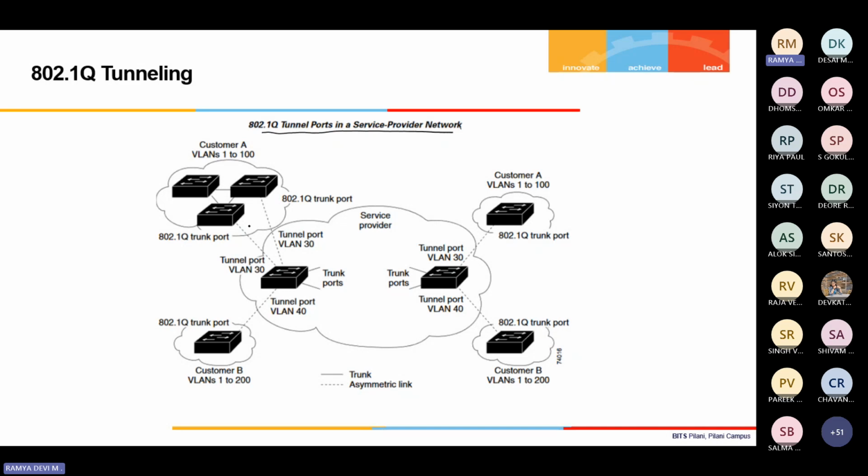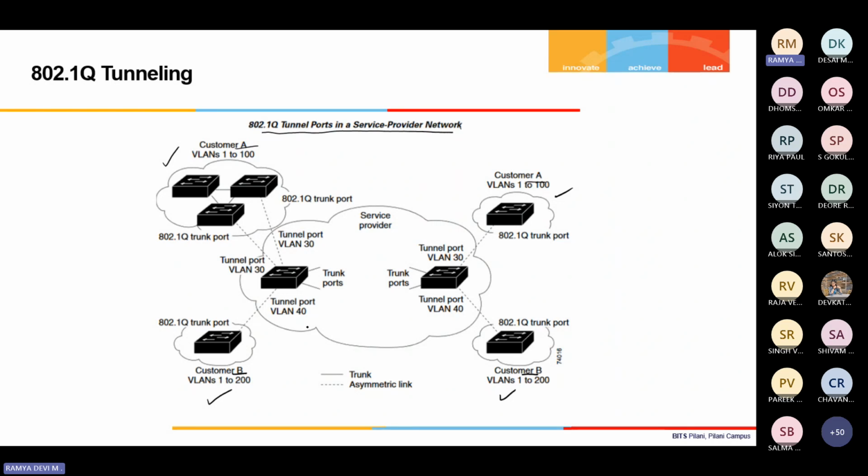There are customer A and customer B, with sites at multiple locations. Customer A uses VLANs 1 to 100 at multiple locations, and customer B uses 1 to 200 at different sites. Both customers use 802.1Q trunk ports to tag their own traffic, which is the customer VLAN identifier.